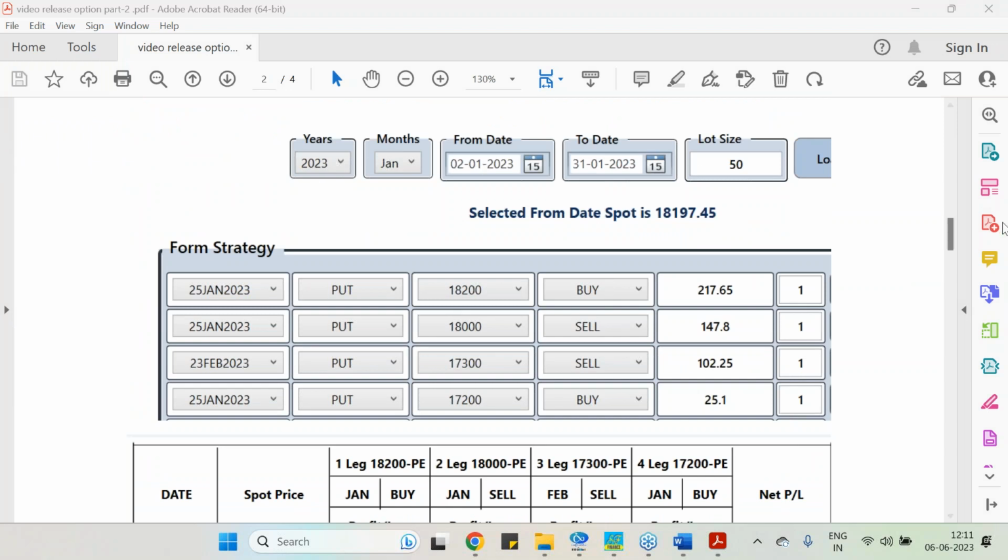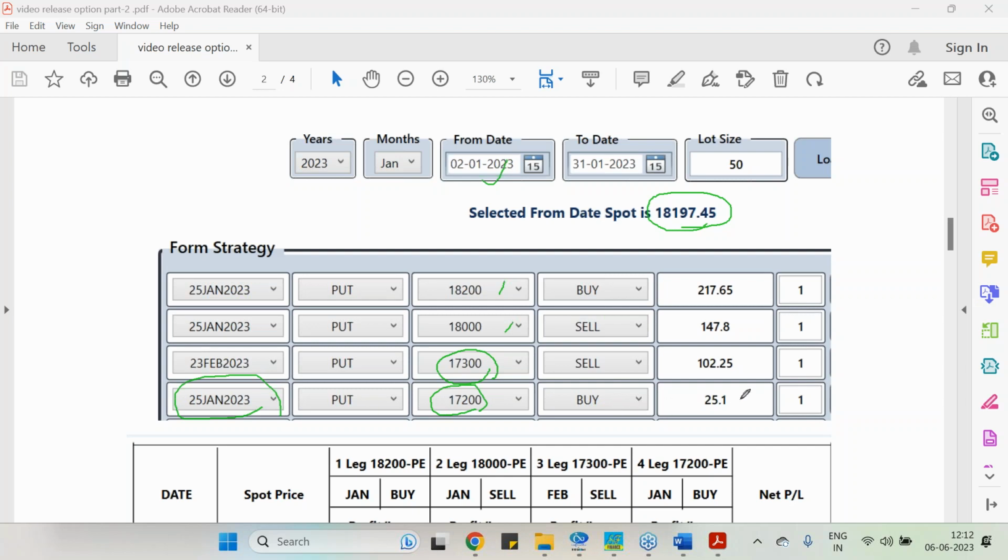It is January 2023, and on 2nd January we have taken the Nifty spot. At that time it was approximately 18,197, around 18,200. So we are taking the 18,200 put, and selling the January 18,000 put, and we are selling the February 17,300 and buying the January 17,200.